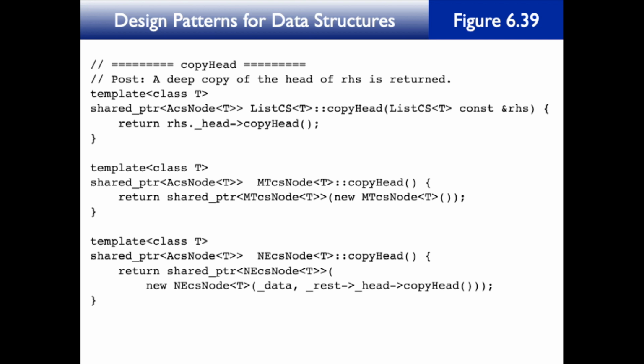Well, again, it's by polymorphic dispatch. If the right-hand side is empty, then the right-hand side dot head arrow copy head is calling the empty node version. And what the empty node version does is it knows that it's empty, so to make a copy of itself, it returns a new empty CS node.